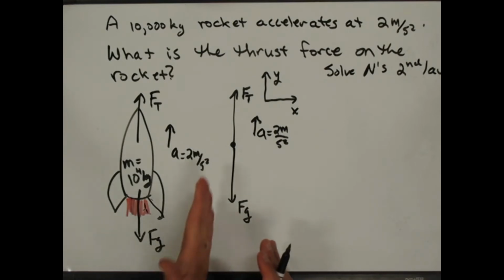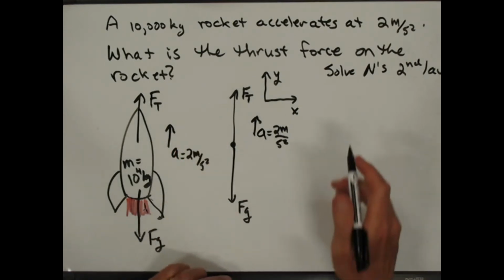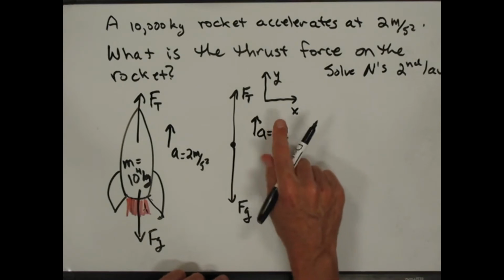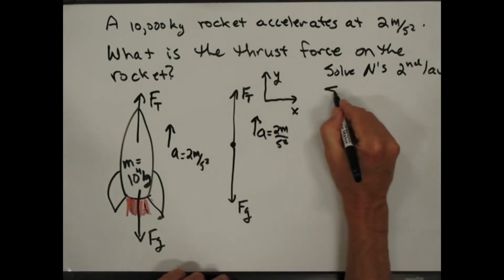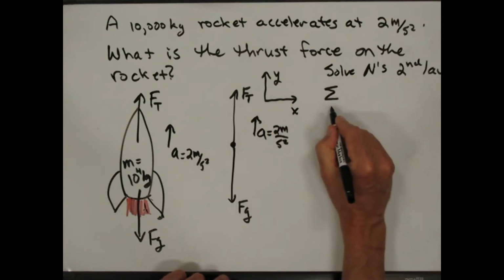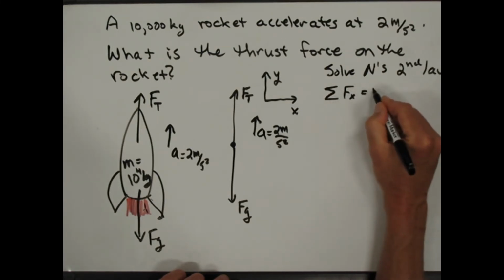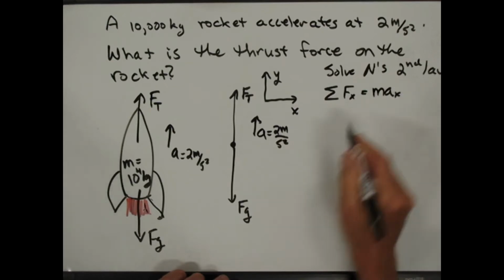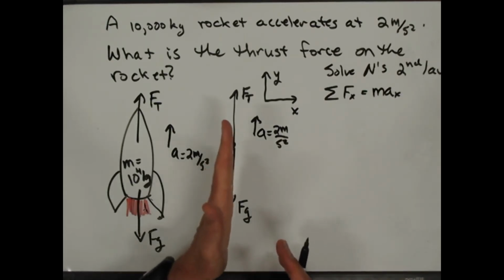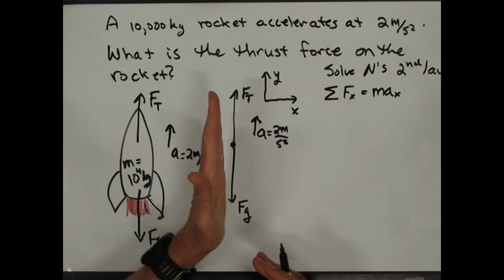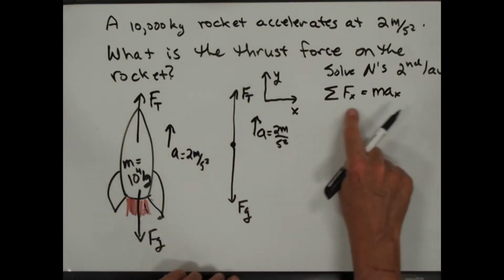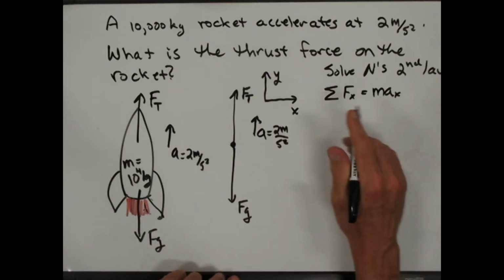And so the key is I want to do it in the x direction and in the y direction. So I want to say the net force, which we'll go back to using the sum of, remember this one? The sum of the forces in the x direction equals the mass times the acceleration in the x direction. Just like we did with kinematics, we're splitting up the x and the y. And so this is Newton's second law for the x direction.